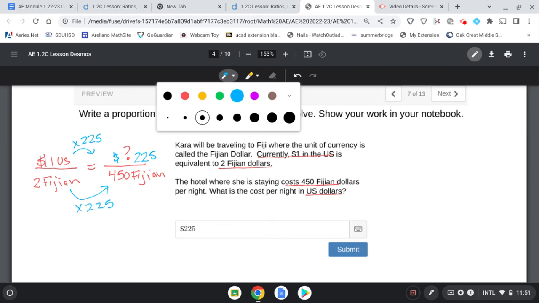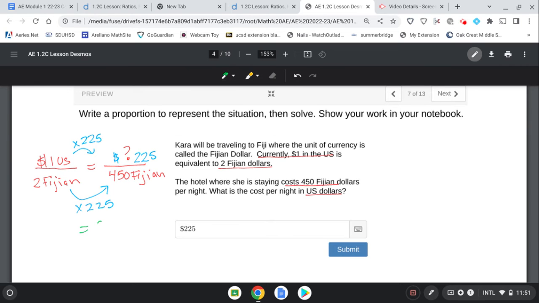So your result would be that $225 is equivalent to 450 Fijian dollars. Okay, so in your text box, you want to type in 225.